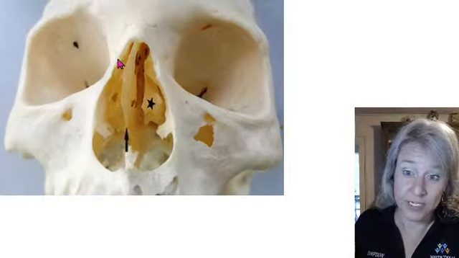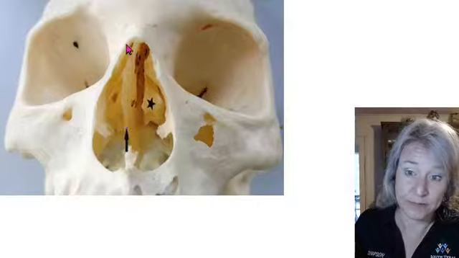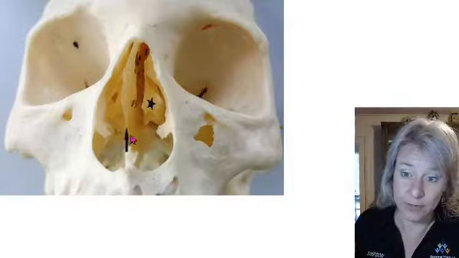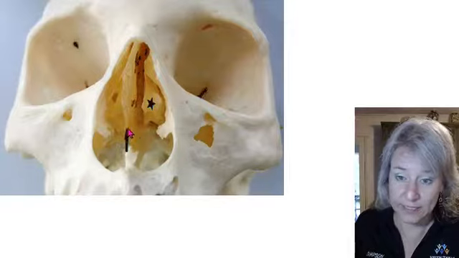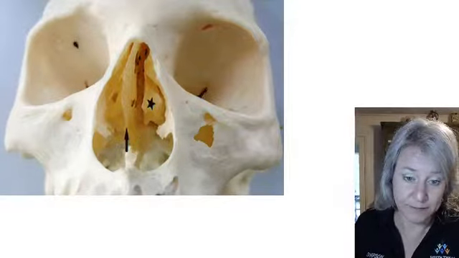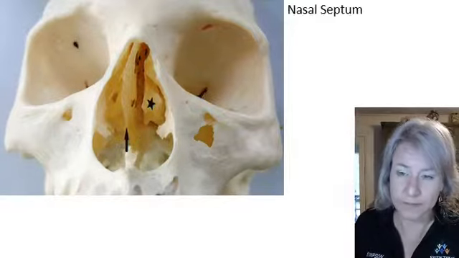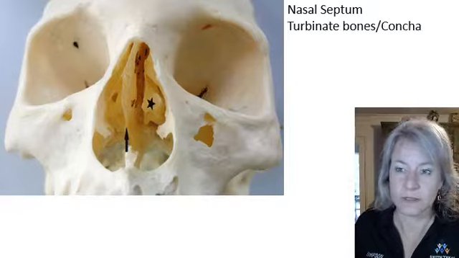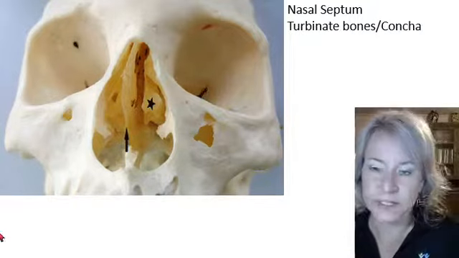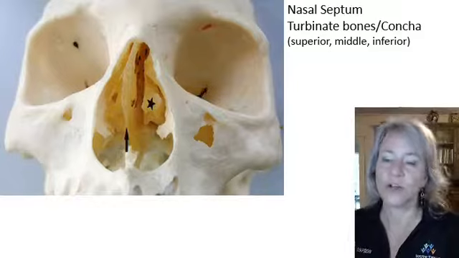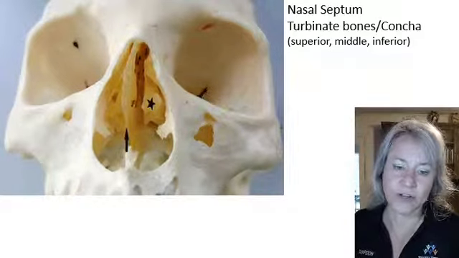And this structure right here is your nasal septum, which is kind of like this bone, and then there's a bone on the bottom, and they meet to make up the nasal septum. Nasal septum, and then you have your turbinates, or concha, superior, middle, inferior.